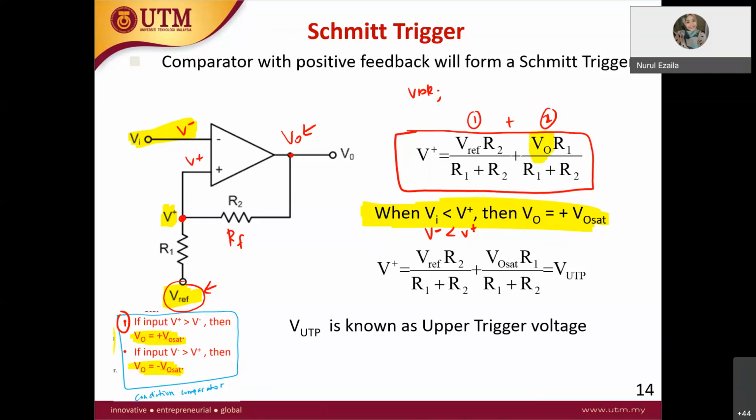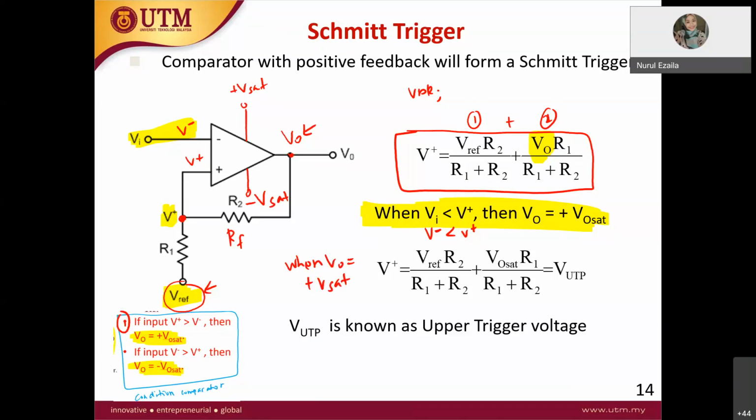One possibility is when V out is equal to the positive saturation, or the other possibility, it is equal to the negative V saturation. We take the first one, when V out is equal to the positive V saturation.